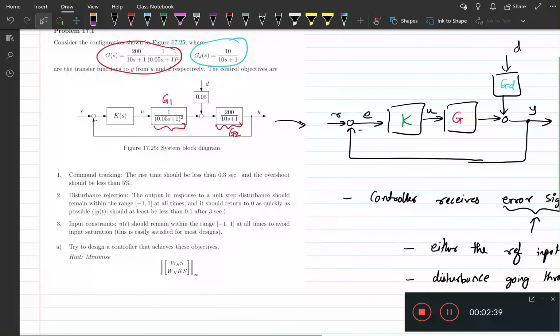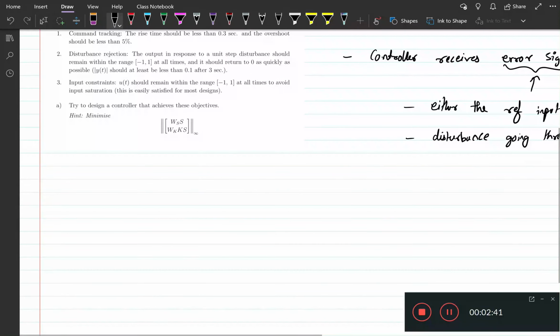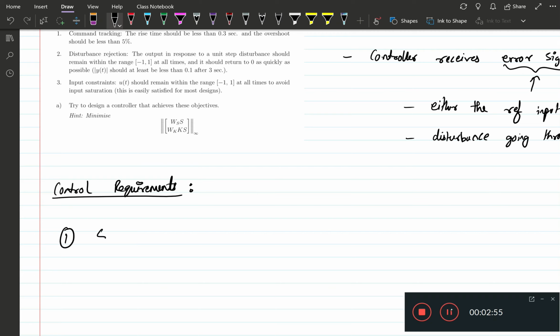Now let's look at the control goals. So the control requirements or goals for this problem are: first, we consider step response. So we consider step inputs at the reference.